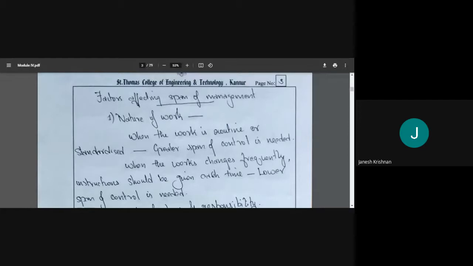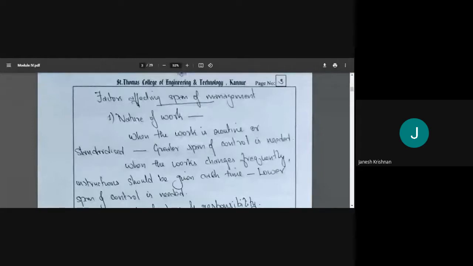What is the difference? In the first case, the staff advisor's job is routine. He or she knows what has to be done. But in the project guide group, he has to take decisions. You cannot effectively think about 10 different projects, so he or she will be given two projects.